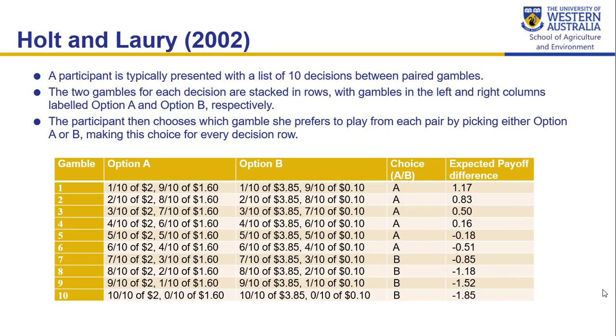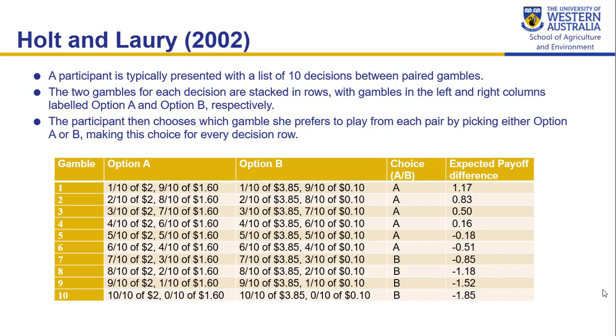If somebody is in gamble 1, which option would the respondent choose? I have selected in this case option A. One thing that could have facilitated our decision is the expected payoff difference, which is 1.17 in this case. However, what else we can see is that option A is much safer compared to option B for gamble 1.